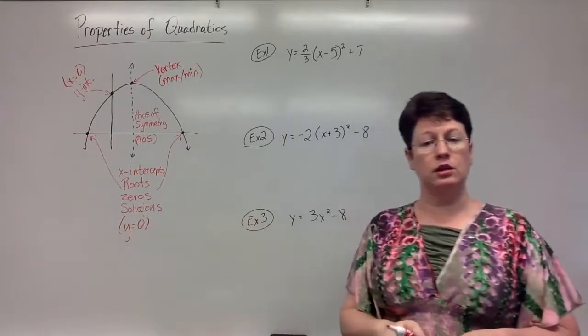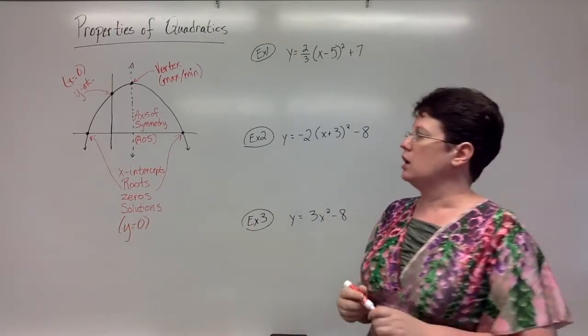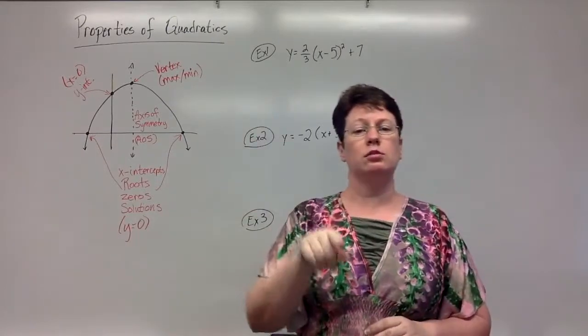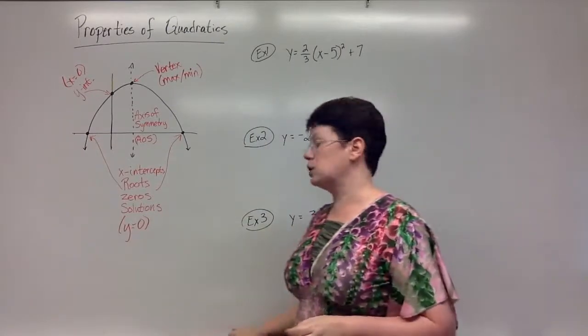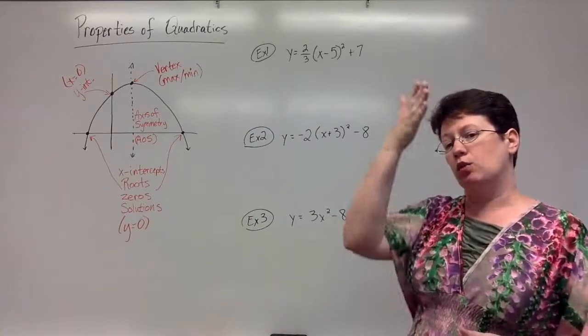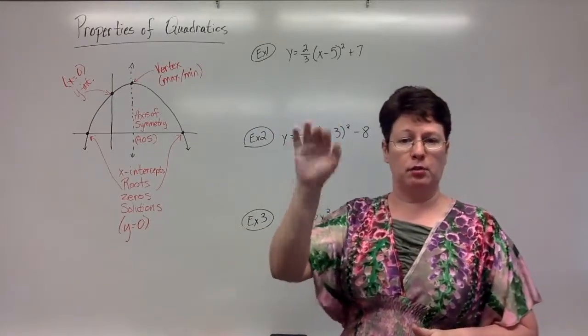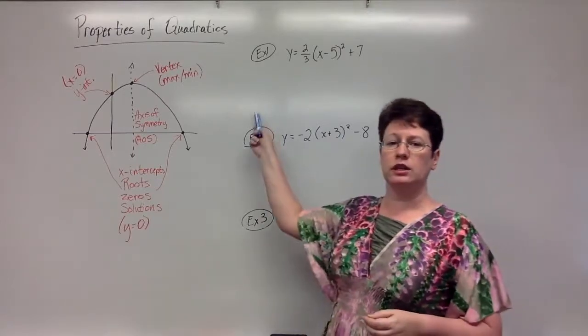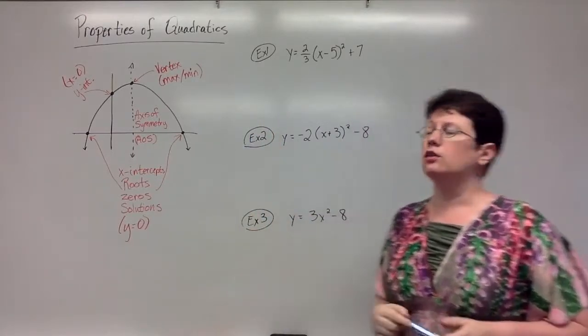So at the top of the hill, I would have a maximum. If it were a ditch or a valley, it would be a minimum because it would be at the bottom. And that's the picture that's in your notes, the right side up or facing up parabola where the vertex is a minimum.